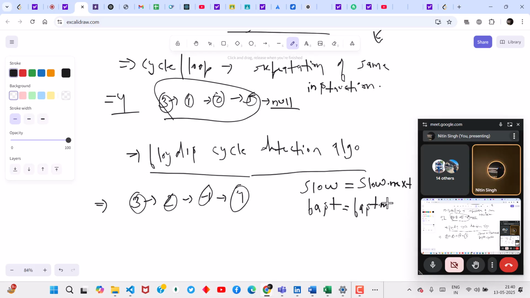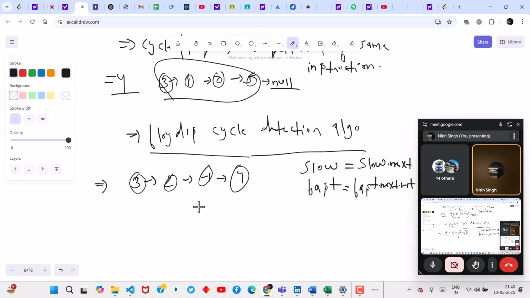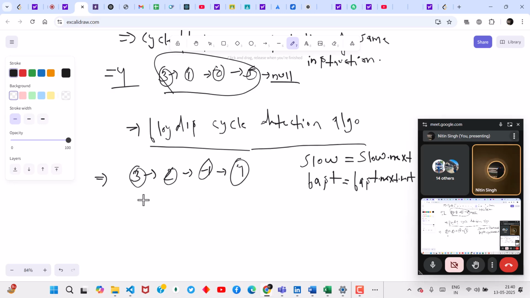Fast is equal to fast dot next dot next. That means if my slow is here, in the next step my slow will be here, but my fast will be at -1. So till when do I have to do this? The condition is till my fast is not equal to null and the next pointer of my fast should also not be null.